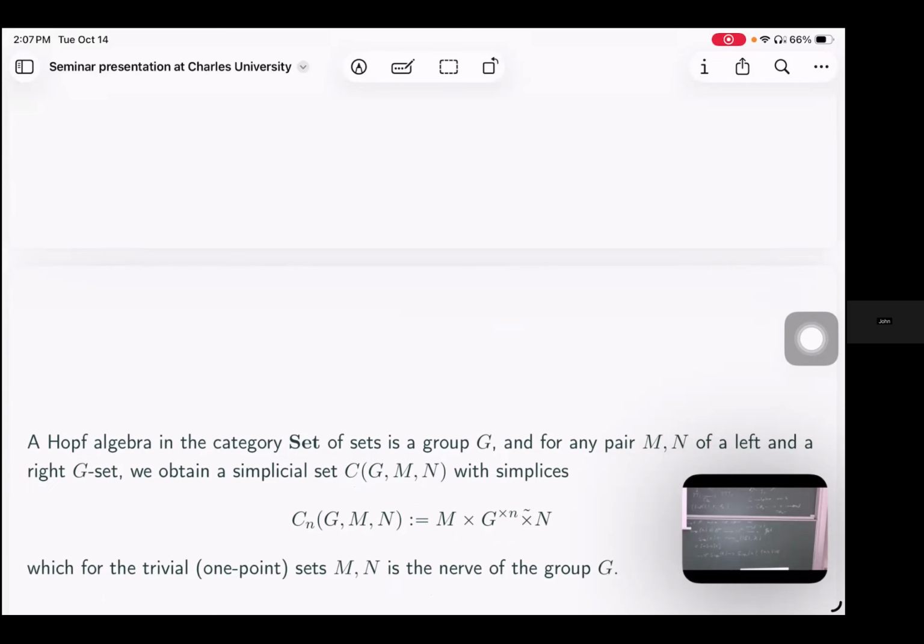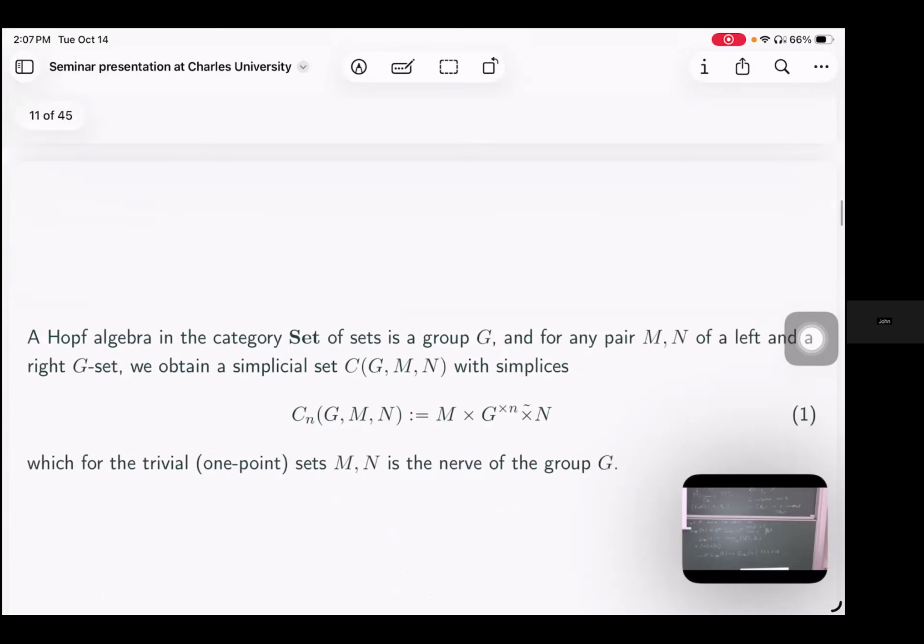So from this information, we would actually obtain a simplicial set with simplices given by this Cartesian product. And when M and N are just the trivial one-point sets, we have what we call the nerve of the group G.